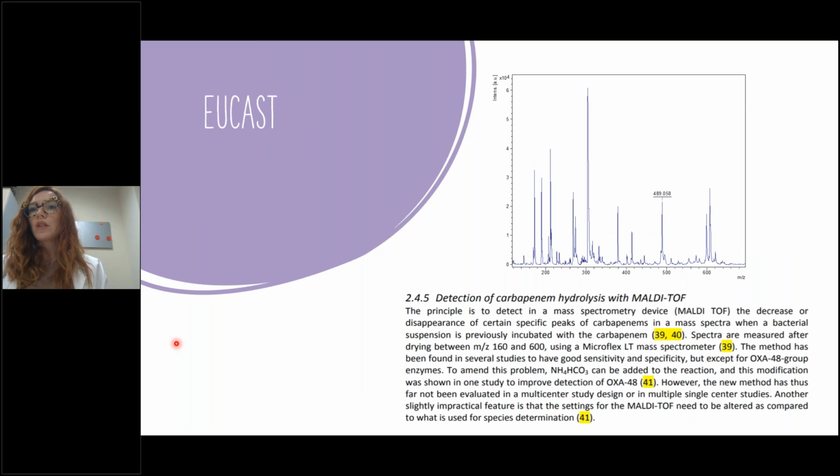The use that was authorized by EUCAST was detection of carbapenem hydrolysis with MALDI-TOF. So the principle is to detect in a MALDI-TOF device the change in the mass peaks of the antibiotic when the bacteria is previously incubated with a solution of this antibiotic.